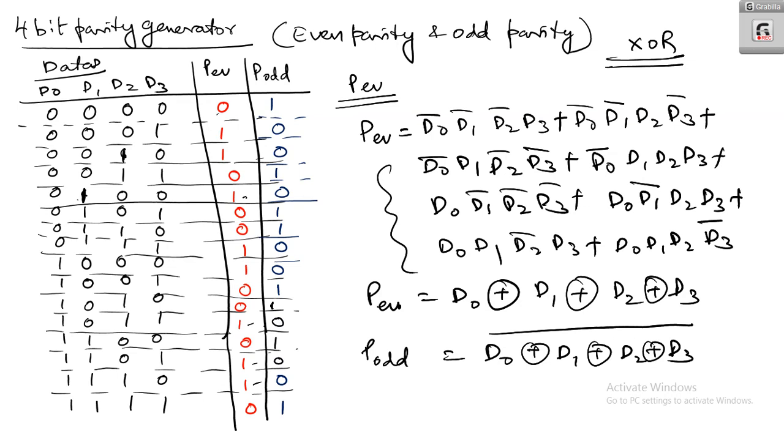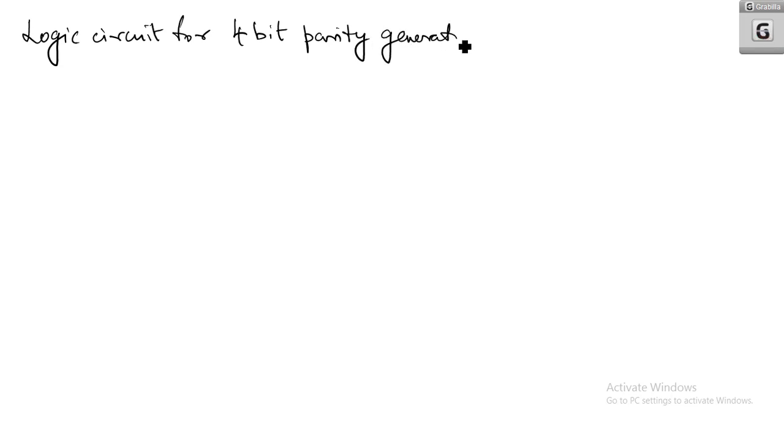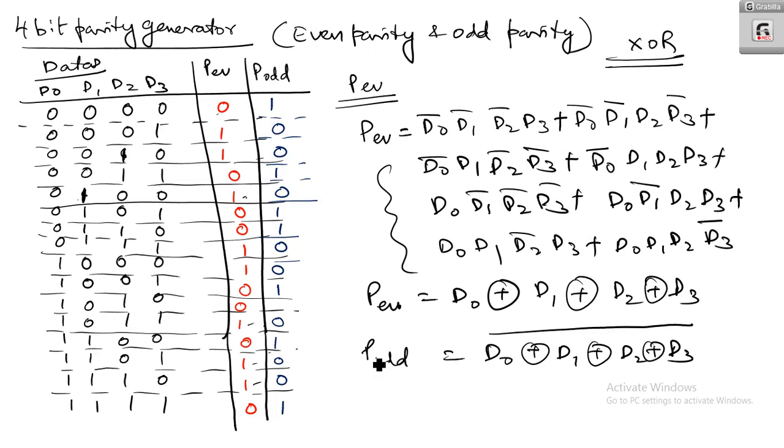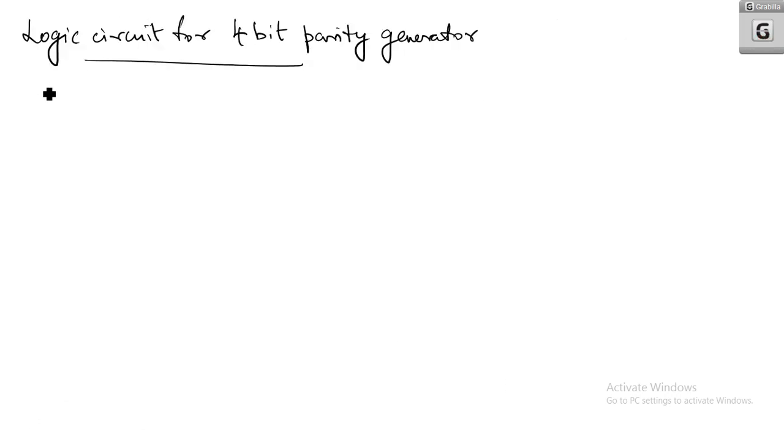Now I am going to explain the logic circuit for the 4-bit parity generator. Okay. So for even parity, what I have is D0 XOR with D1.